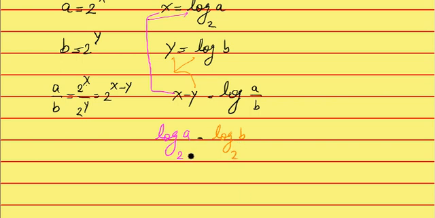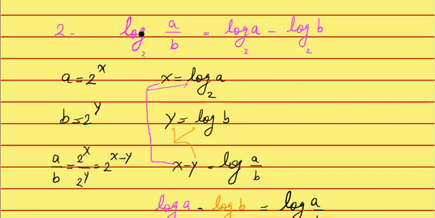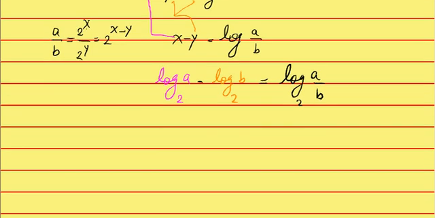And the difference of these two is a logarithm of a over b in base 2. So that is the second rule of logarithm. Logarithm of a ratio is difference of a logarithm of numerator and denominator.